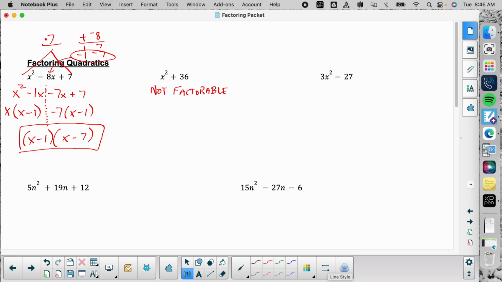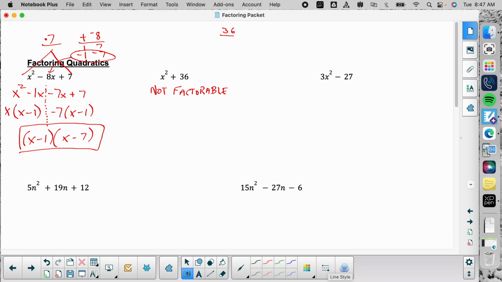So, the second question, I was hesitant to even do it because it doesn't work. When you multiply the outside numbers, you get 36. And then you're supposed to try to find what numbers multiply to 36 and add to 0. Well, there's no possible way for that to work. So this is what's going to possibly happen sometimes.